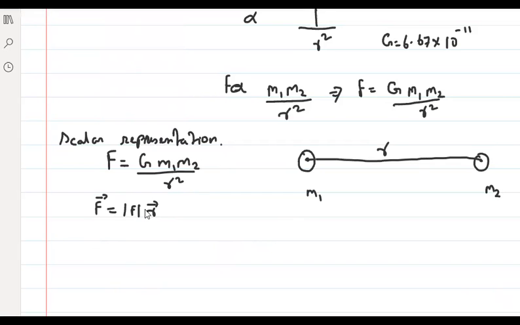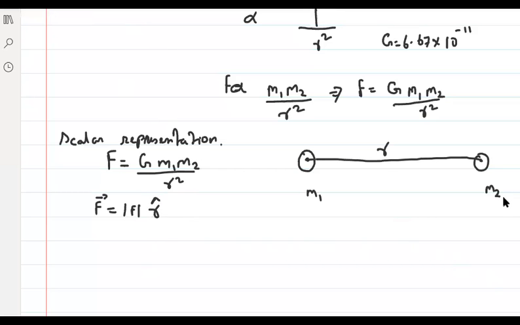Agree? Is there any mistake in this? Yes, I said r cap, but I wrote r arrow. If this is direction, it should be your unit vector, so this is r cap.